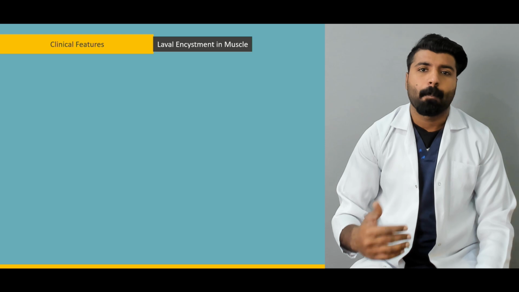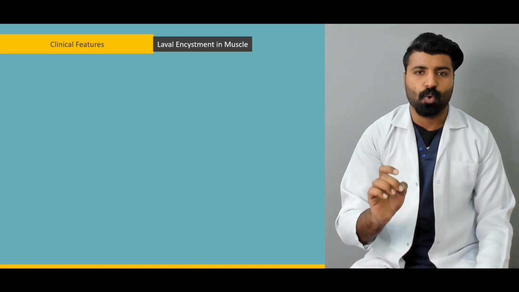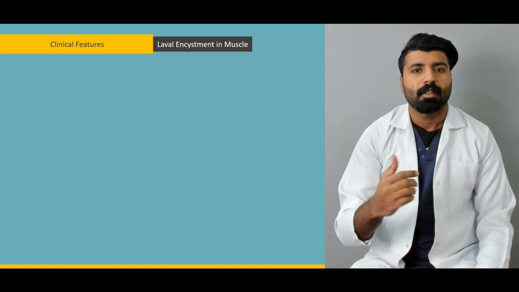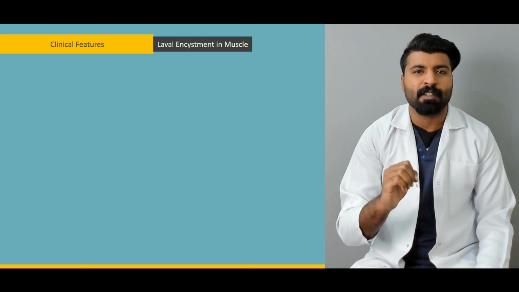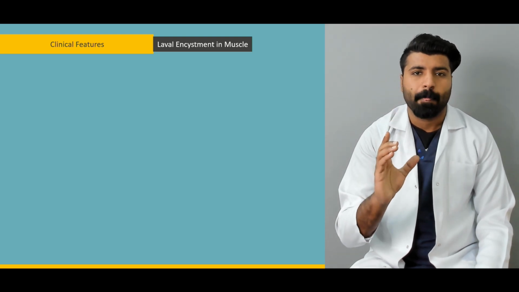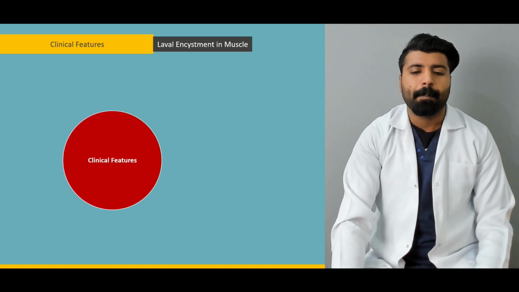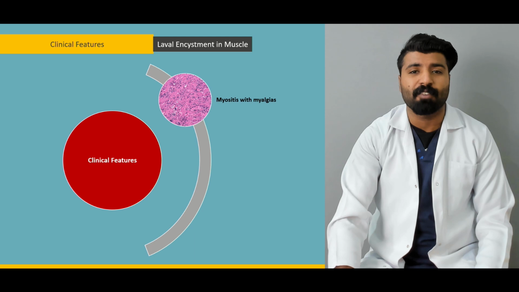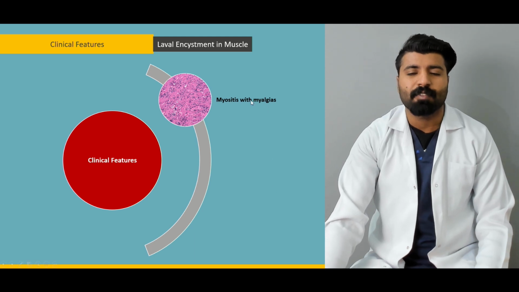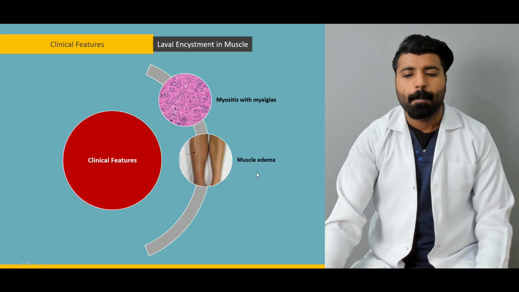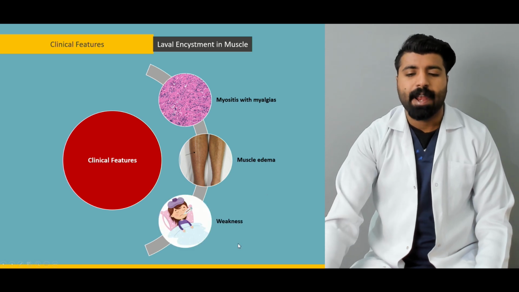But the major tissue which gets affected by this infestation is our muscle. So let's talk about muscles specifically. The clinical features of muscle involvement will be myositis with myalgias, muscle edema, and weakness.